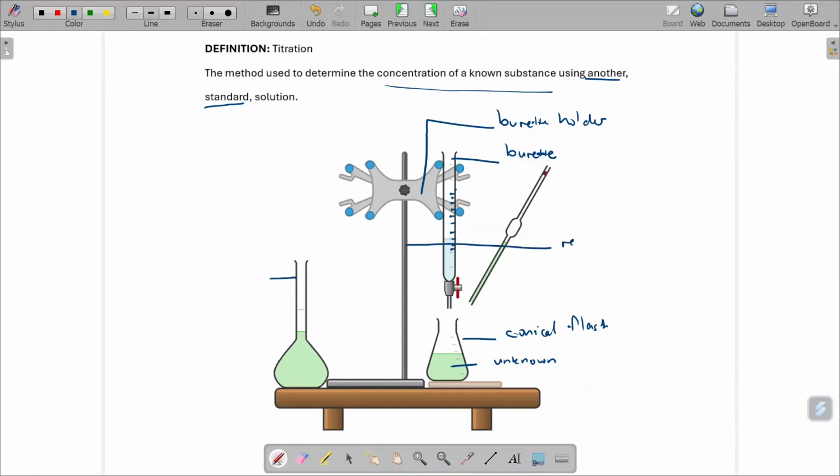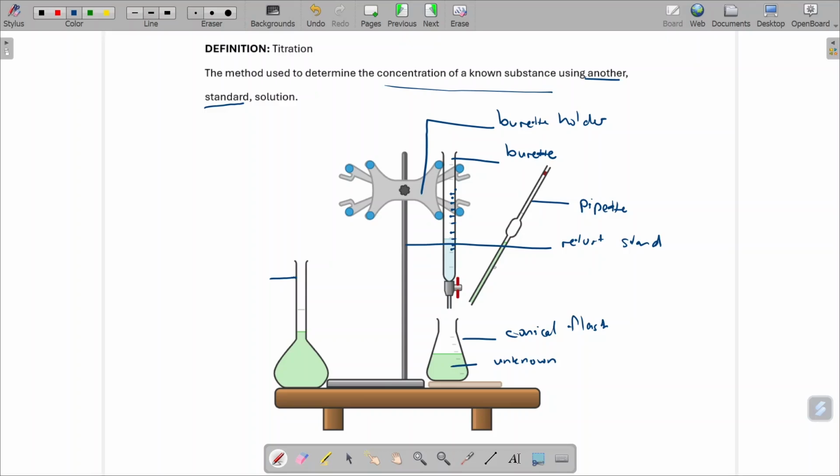This here is a retort stand, which is used to hold up the burette, and this is called a pipette. The pipette allows us to take a very small amount of a substance very accurately, and what we do is we use the pipette, we take out the unknown substance, let's say 25 cubic centimeters or 25 milliliters of that, and we put that into the conical flask.